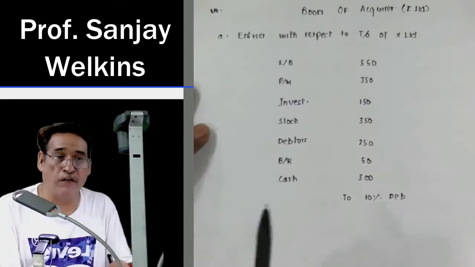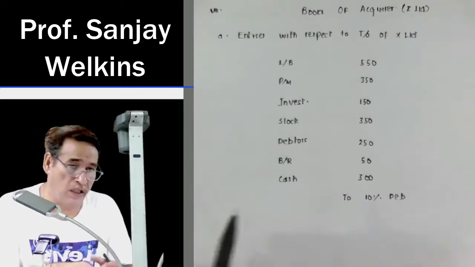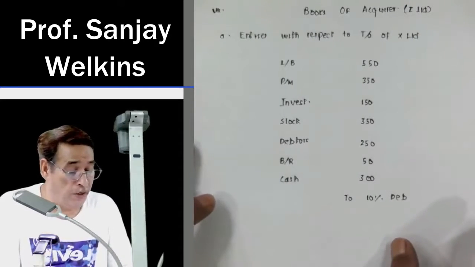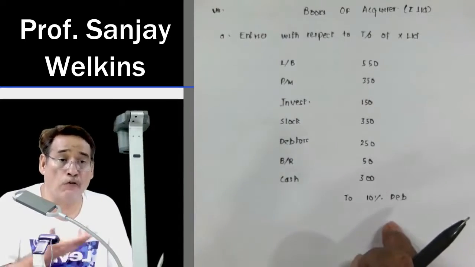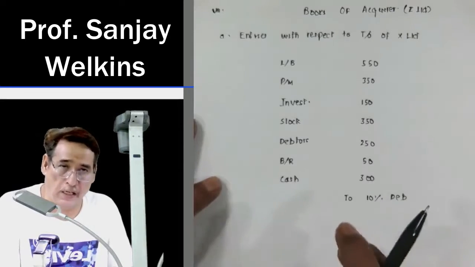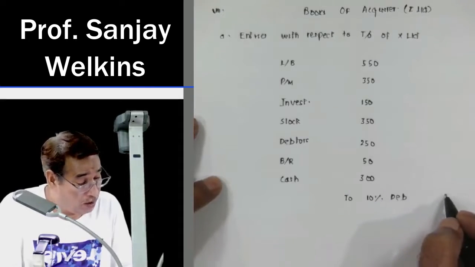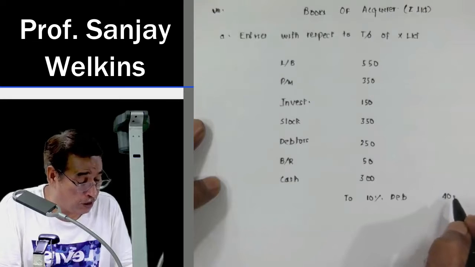Actually 10% debentures in the balance sheet of X Limited is given at 60 lakhs. But I have told you many times, whenever we write entries in the books of the acquirer, we have to see to it at what value we are taking over them. Since debentures are being paid, they will be given 40 lakhs worth of debenture as we computed earlier.